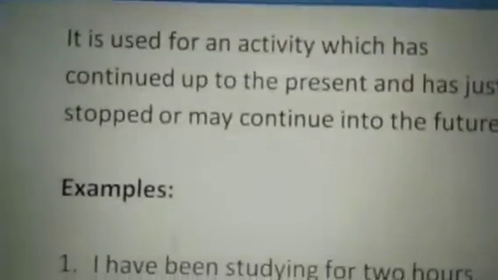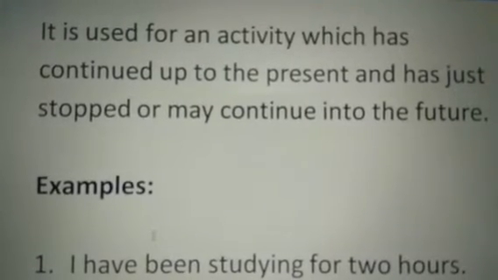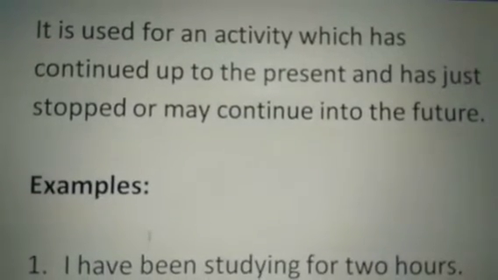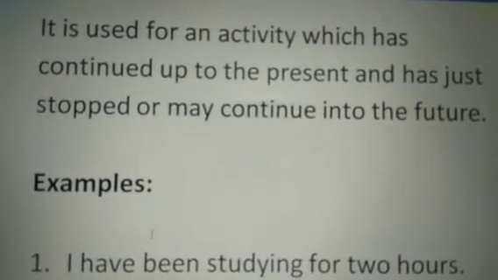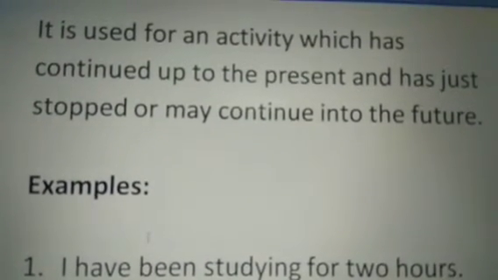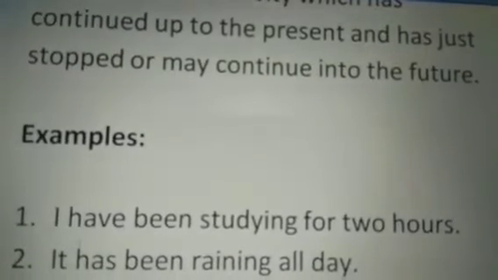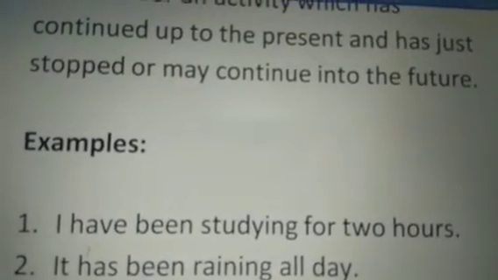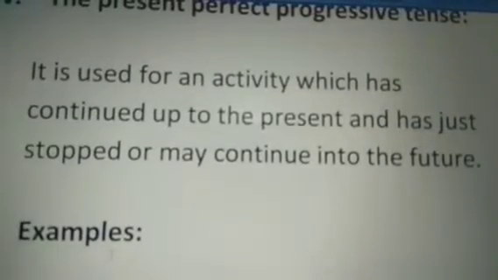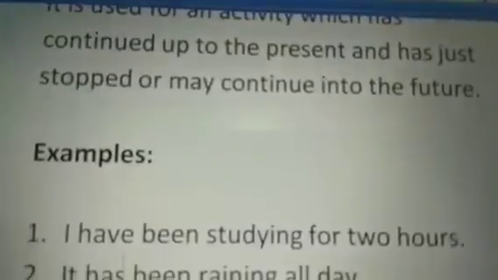Means to say, this activity got started in the past, continued in the past, and up till now it is in continuation. But whether that activity will continue in future or not, that is not decided. So this one is present perfect continuous tense or present perfect progressive tense.